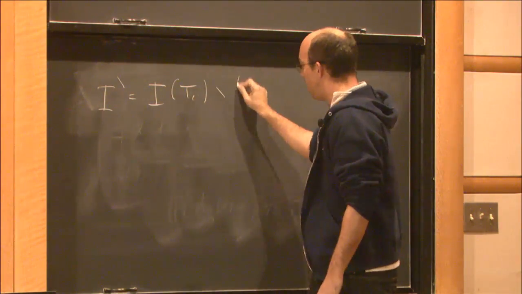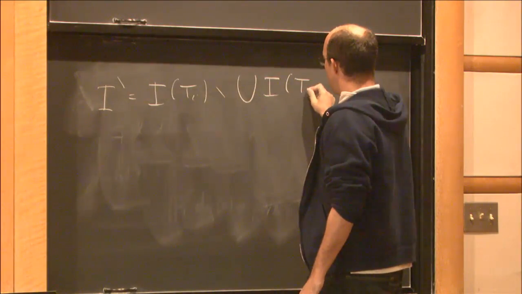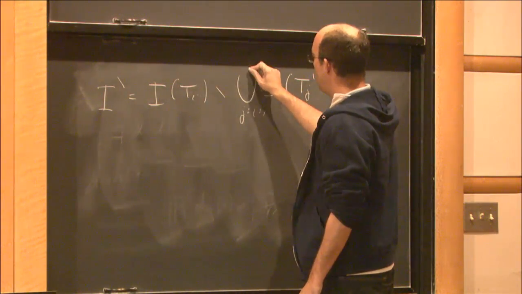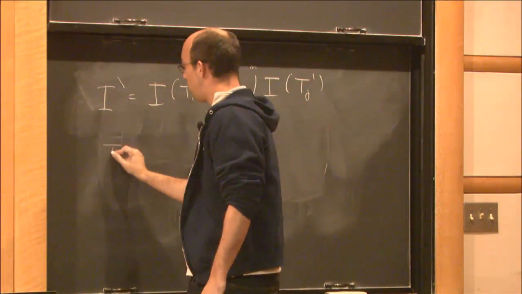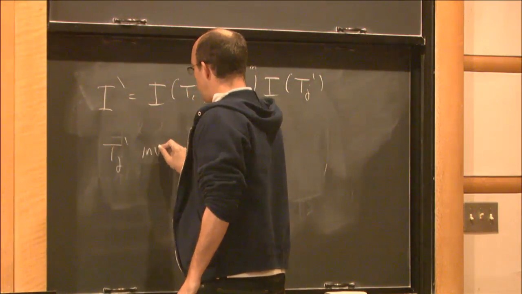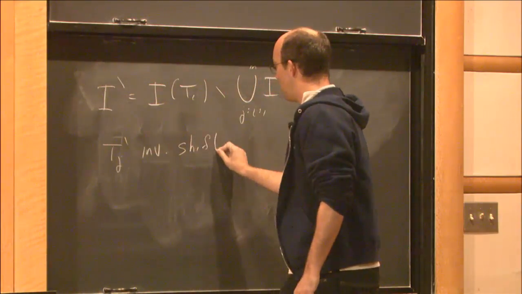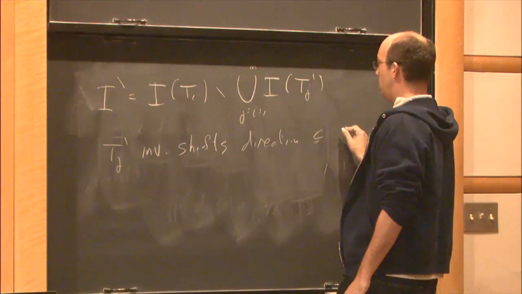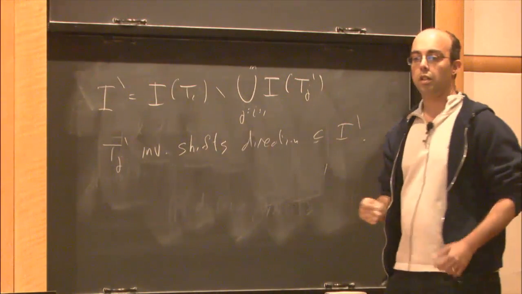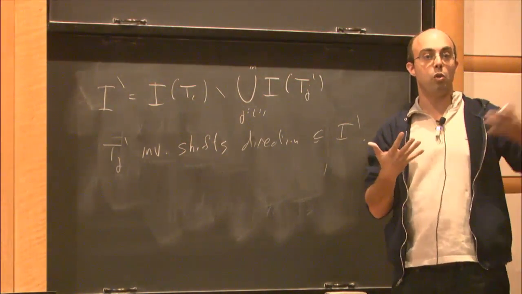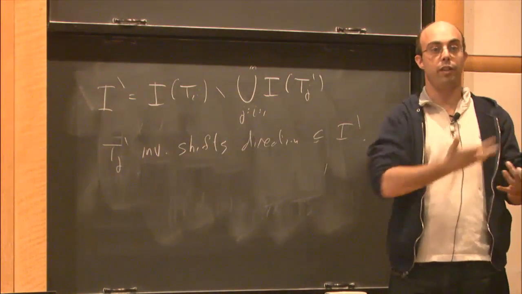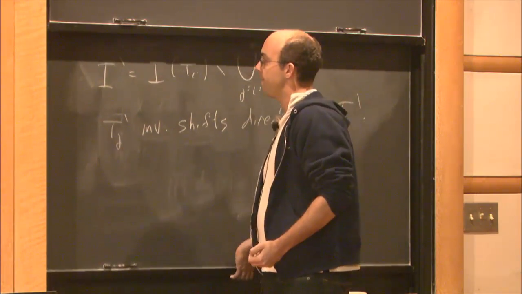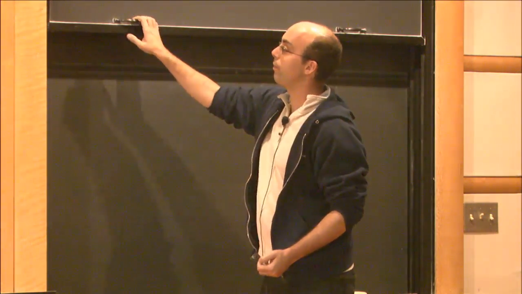So this is I(T_i) minus the union of the directions of T'_j, j going from i+1 up to m. My claim is that all these T'_j are invariant to shifts in directions inside I'. Since we haven't grown new edges in these directions, they must all be invariant to all these shifts. So we need to use it as well. This was the first step.